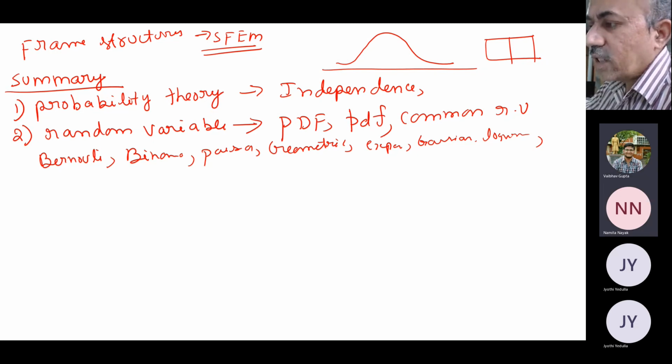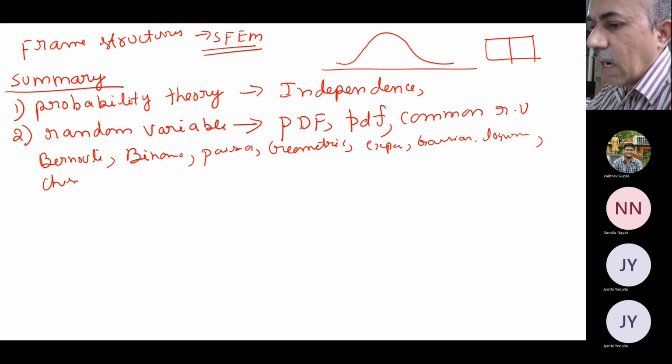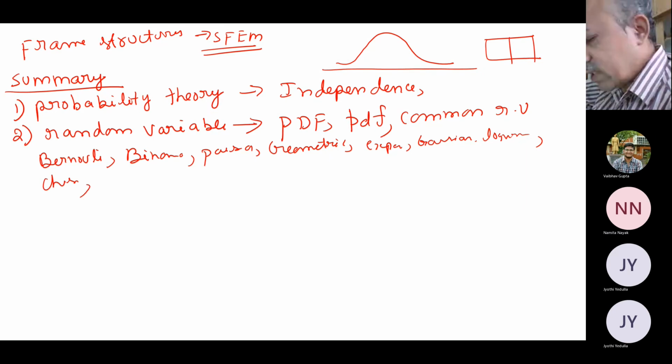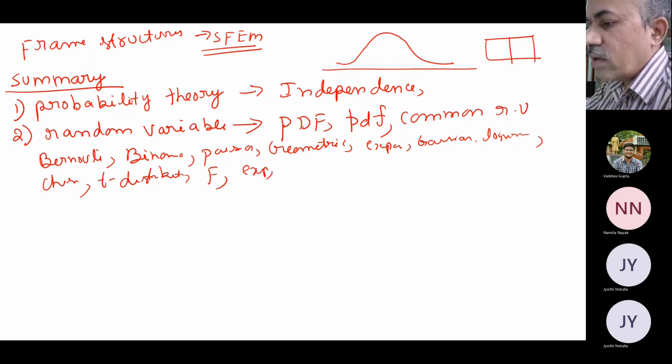If you square a Gaussian, chi-square. Then the Student t distribution, and the F distribution. So many things we have discussed actually.